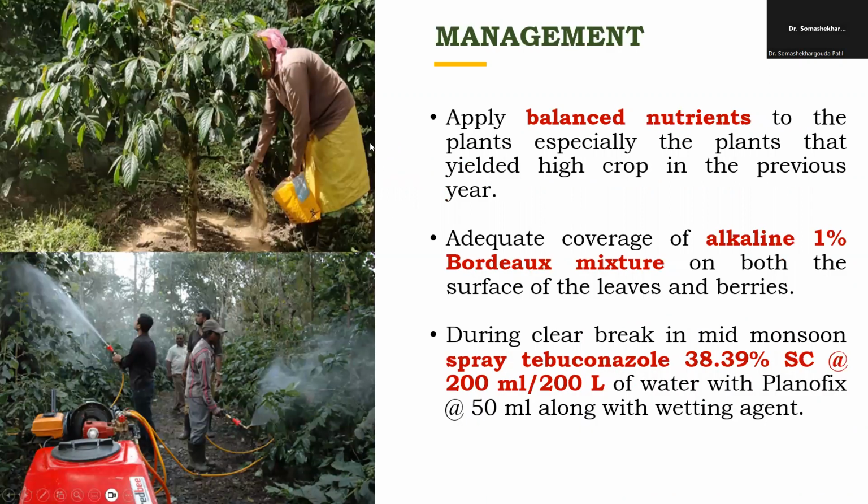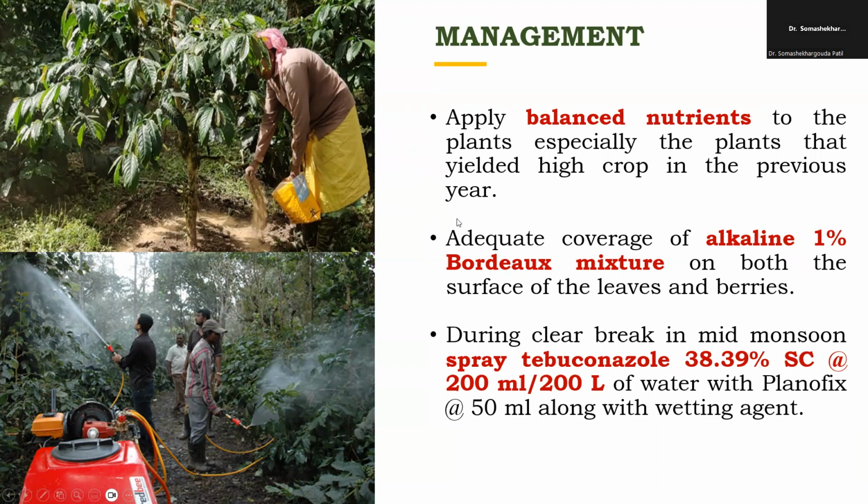And also the application of balanced nutrients, especially for the plants which gave a very high crop in the previous year, we need to give proper, very balanced nutrients to give strength to the plants. And as we mentioned in the black rot, here also it is very important to spray alkaline 1% Bordeaux mixture with proper coverage of both the surface of the leaves as well as the developing leaves before the onset of monsoon, that is the last week of May.